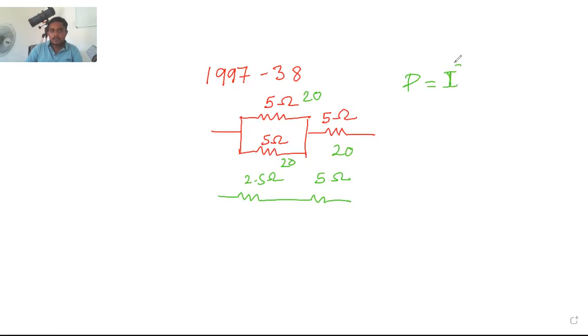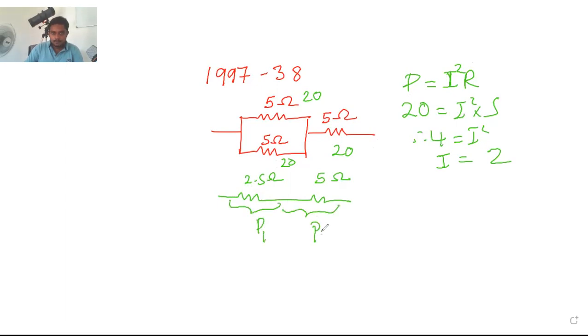So the easiest way that we can do, power is equal to I squared R. So power is 20. I squared R is 5, so this is 4. I squared, so I we are getting 2. And here we have power 1 and power 2.